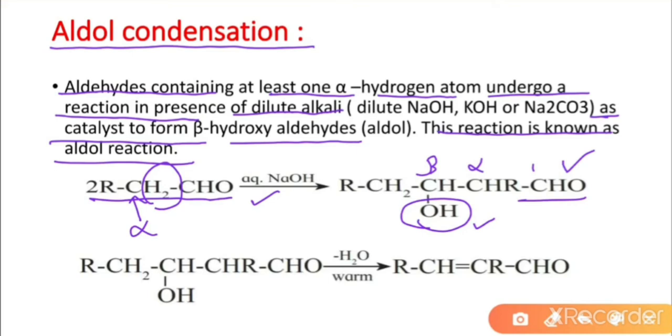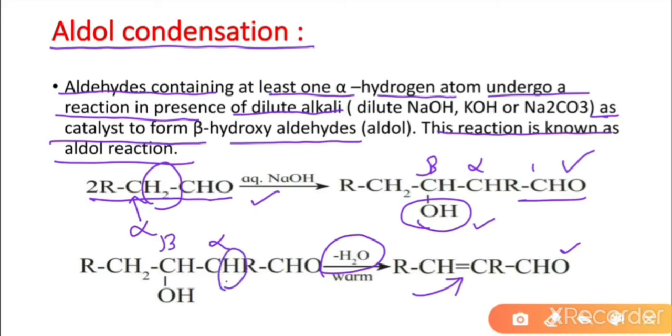This aldol loses a water molecule and is converted into enal, meaning the compound which contains a double bond and an aldehyde functional group. This is alpha carbon, beta carbon.